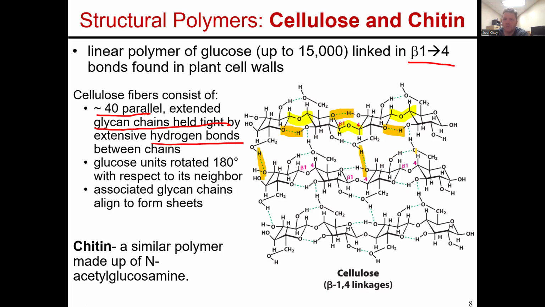So we've got adjacent strands that hydrogen bond with one another. Now, it's almost like, and I'm going to use paper as the example, which is appropriate because we use cellulose to make paper, but it's like this piece of paper, that's one strand.